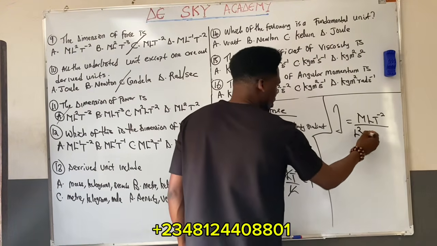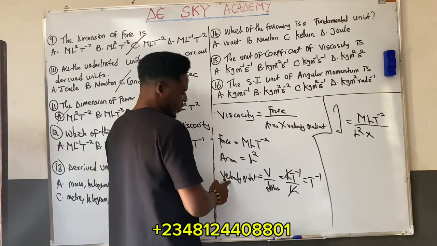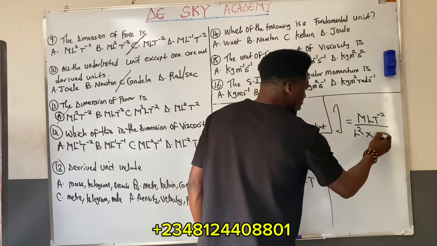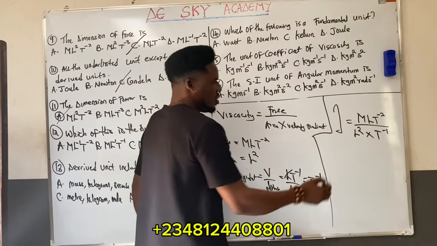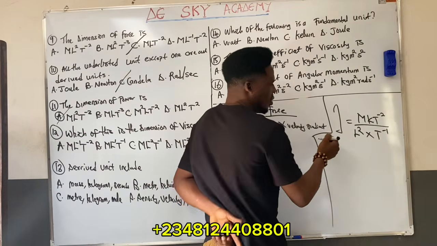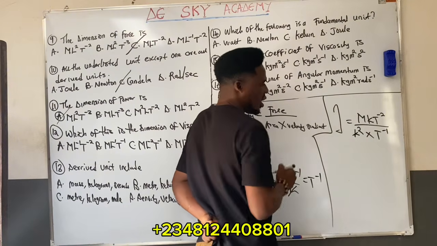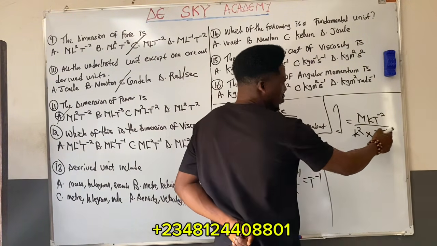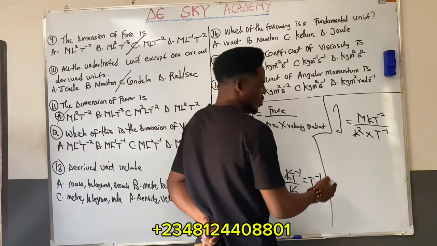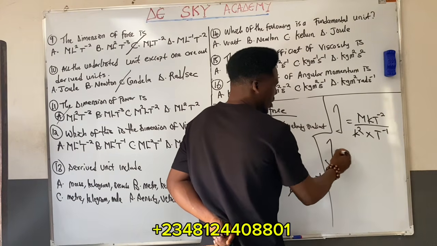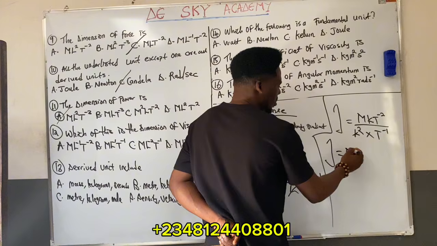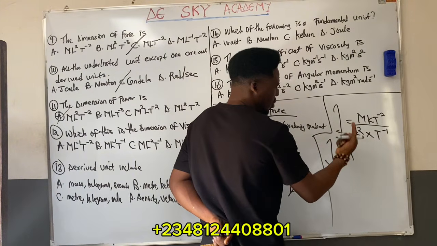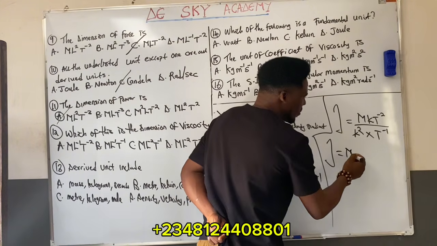L squared times the dimension for velocity gradient, T⁻¹. You get? So we cancel 1 L here. How many L will remain? 1, right? Then this moving up, which we turn to plus, I will now have it that the viscosity will be M. Remember that we have 1 L.